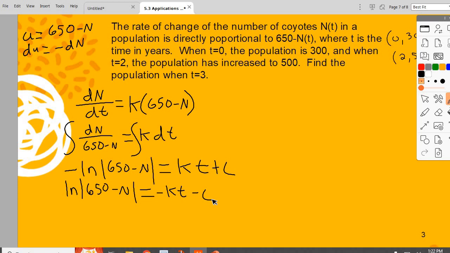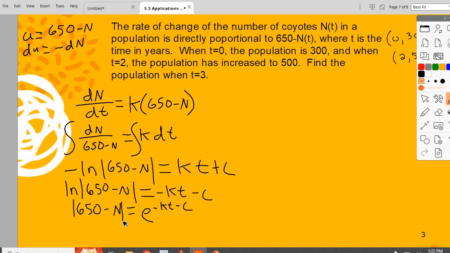So now what can we do? Exponentiate both sides, so our natural log goes away. But I still have absolute values.